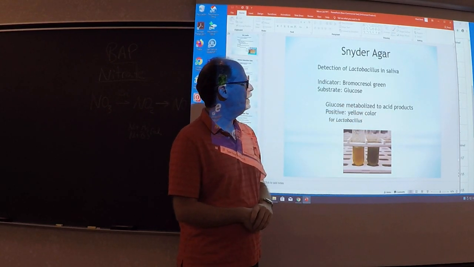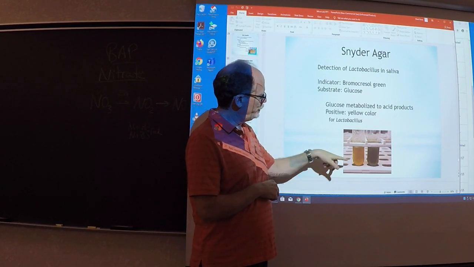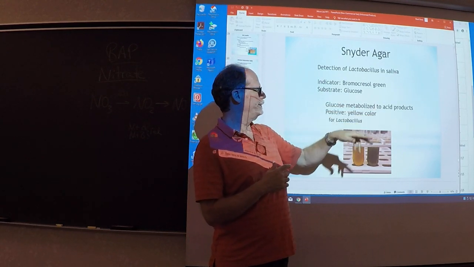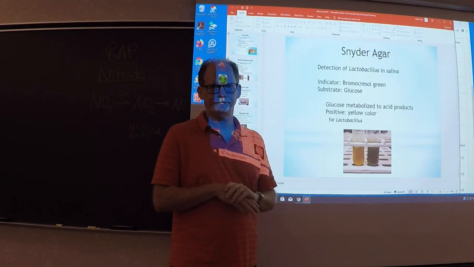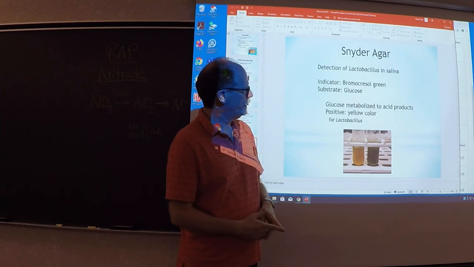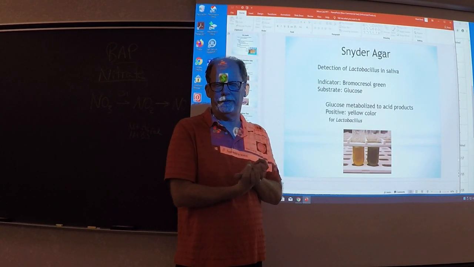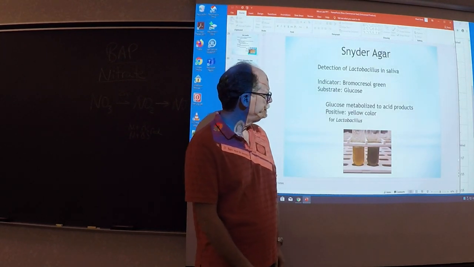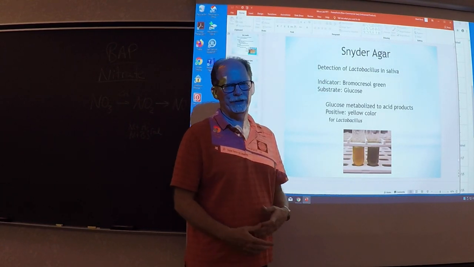If bacteria like lactobacillus are present in your saliva, which is what you'll be adding to the media, they'll break down the glucose, and the bromocresol green will turn yellow. If we did this experiment, the media starts off in a liquid form, and we keep it warm enough so it doesn't solidify. Then you add your saliva, you mix it up, and it turns to solid pretty quickly, and the bacteria will grow.